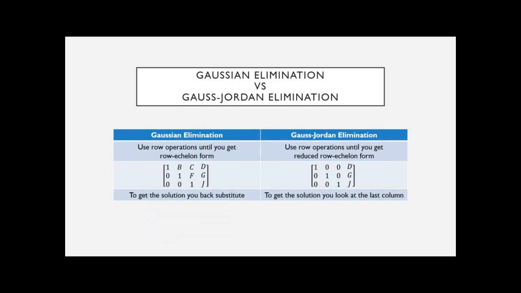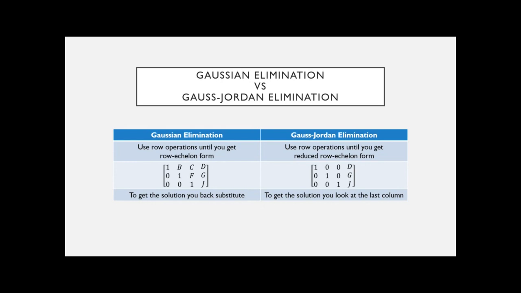Because that's the difference between Gaussian elimination and Gauss-Jordan elimination. You're still doing the same steps. With Gaussian elimination, you get to a point where you stop and then you back substitute into the equations. If you keep going and try to get zeros above the ones, then you're getting the reduced row echelon form, and that's Gauss-Jordan elimination. And then you don't need to do any back substitution at all because your answers are in the last column.